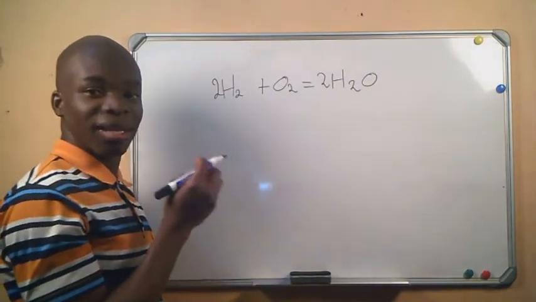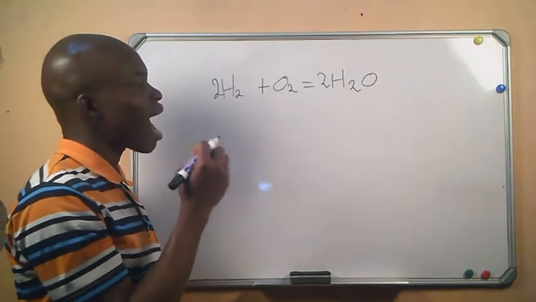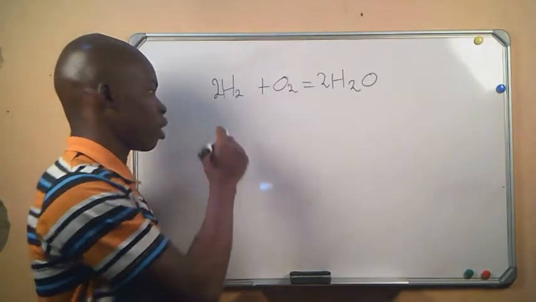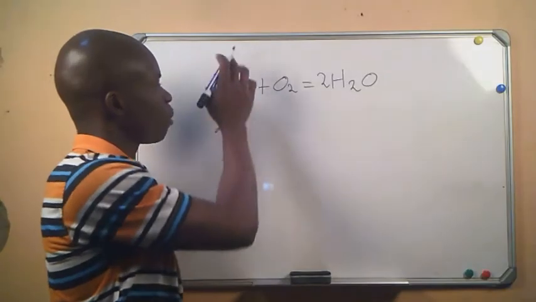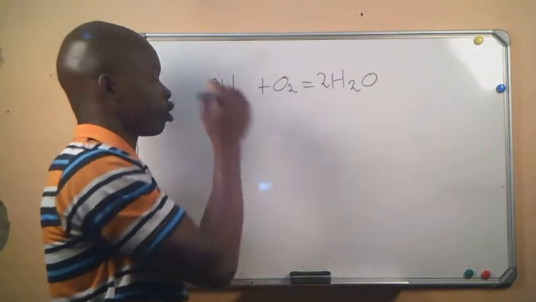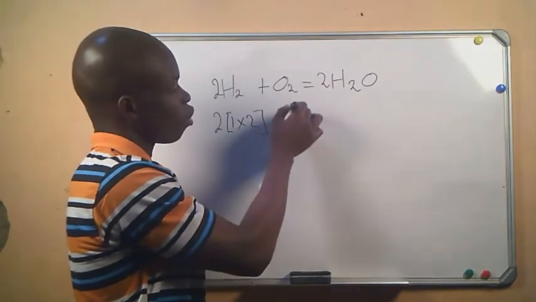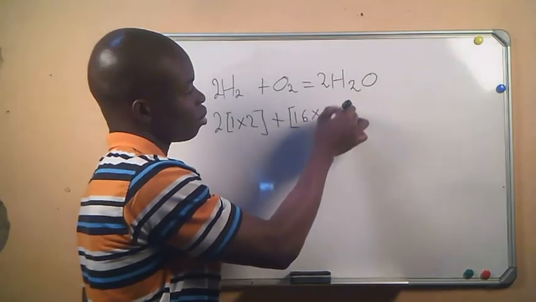After balancing the equation, we will have to substitute the atomic masses of each and every molecule in our formula. We know the atomic mass for hydrogen is 1 times 2, plus for oxygen is 16 times 2.